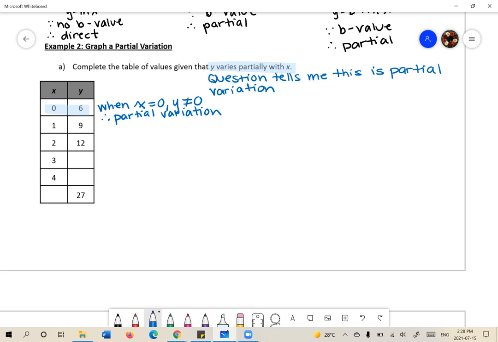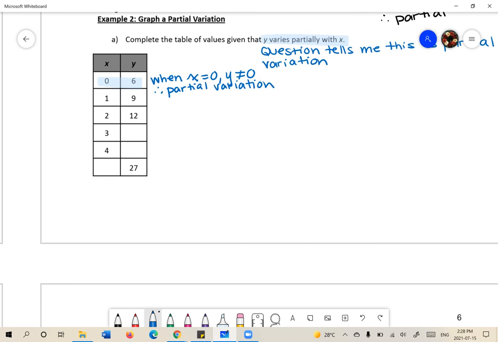Let's try to find the relationship between x and y in order to help us fill in the missing values. As x increases by 1, y increases by 3. As x increases by 1, y increases by 3.